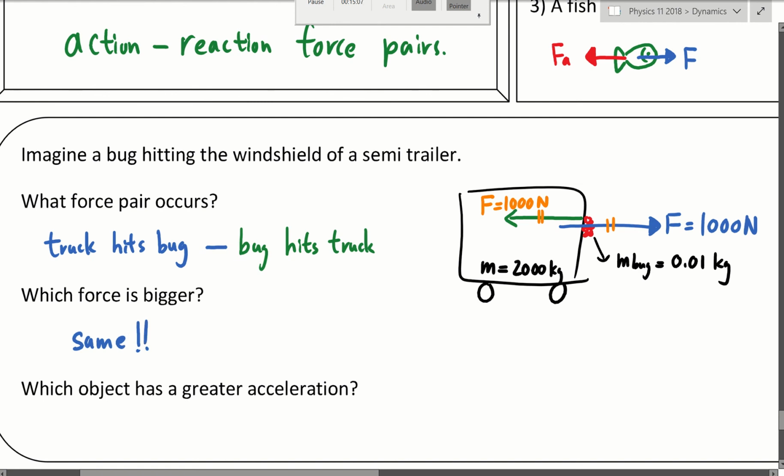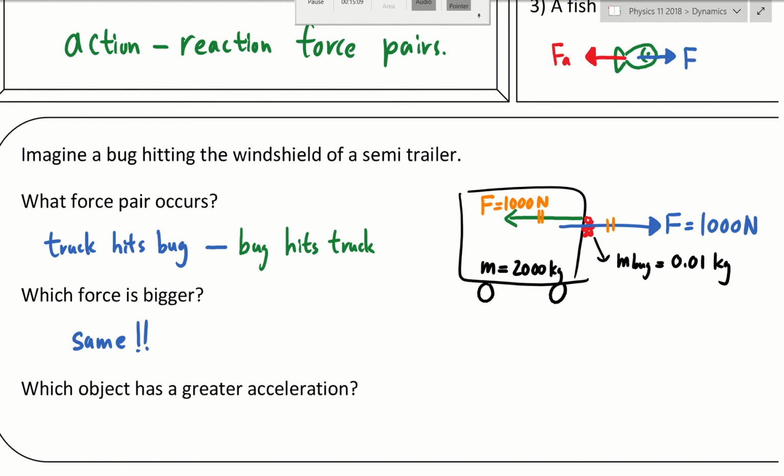But which object will have greater acceleration? Now, what does that mean? That means, when they run into each other, which object, the truck or the bug, will accelerate, which means they will change direction, change speed more. Now, from everyday life, you know that the car will barely slow down, but the bug will most likely fly.